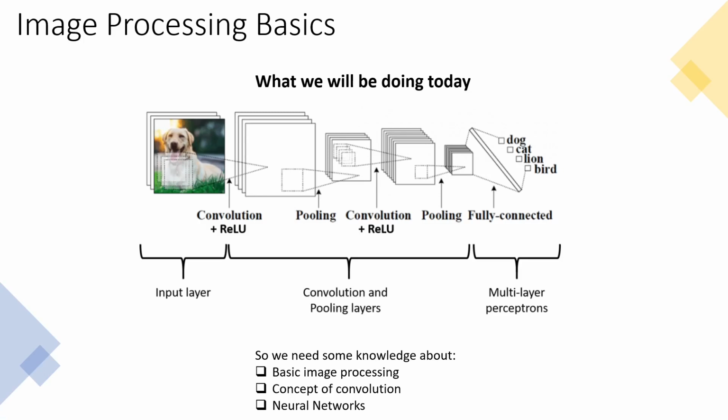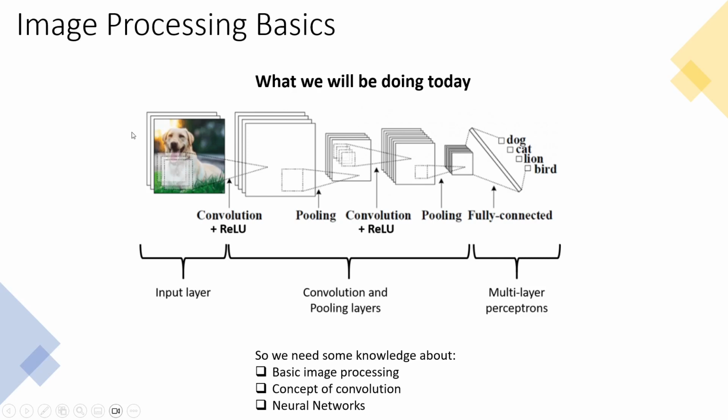So what we will be doing today, we are going to create a network. So this is going to be the network we will be creating. Okay. And these are all the convolutional layers. Don't worry about that. You will understand all of them, what they will be used for. And the problem we will be solving is we will try to classify images.